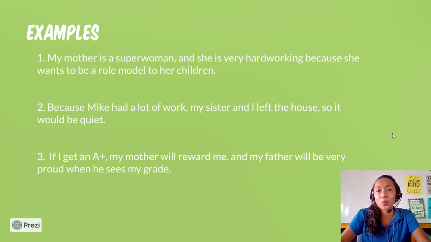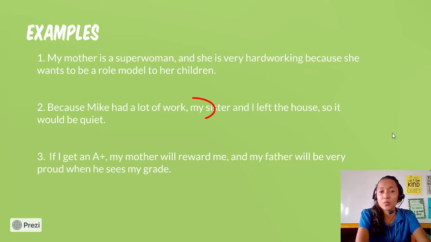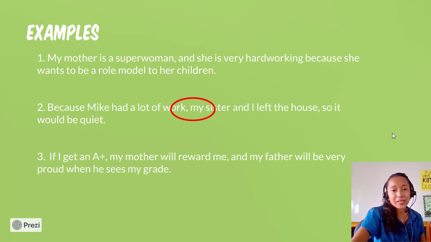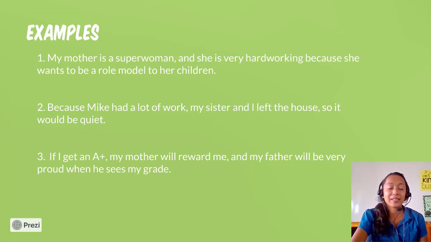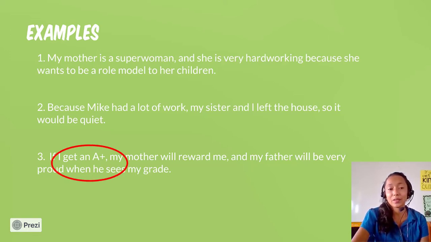Does it need a comma between hardworking and because? No, because the dependent clause is at the back. Unlike number 2, where the dependent clause is at the beginning, we said it needs a comma, right? So that's why there's a comma right between work and my sister. Last example, if you notice, there is a dependent clause that starts the sentence.